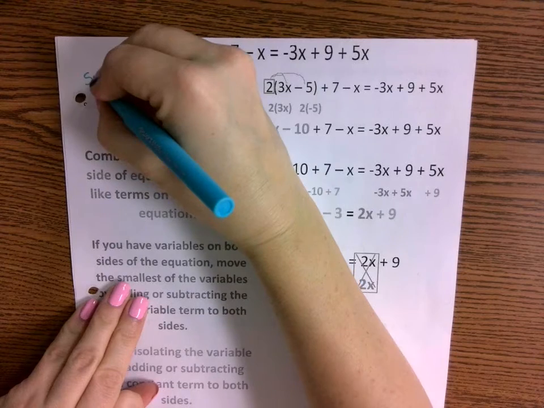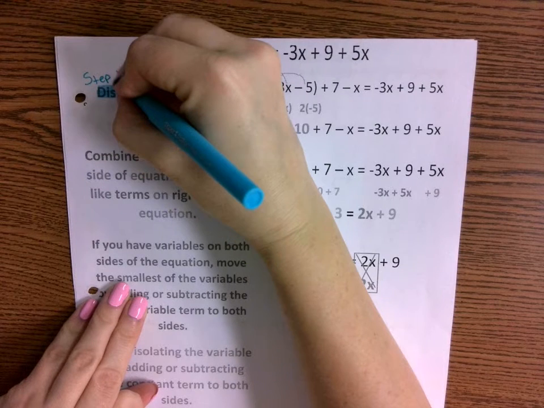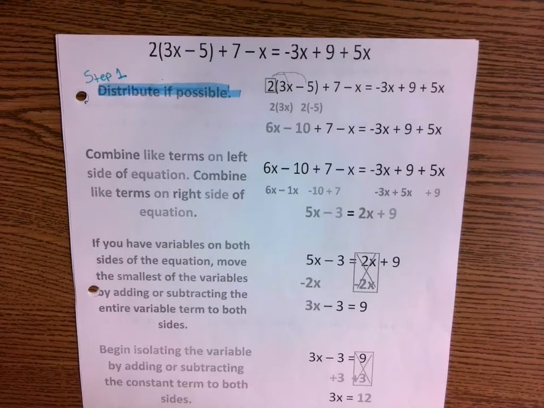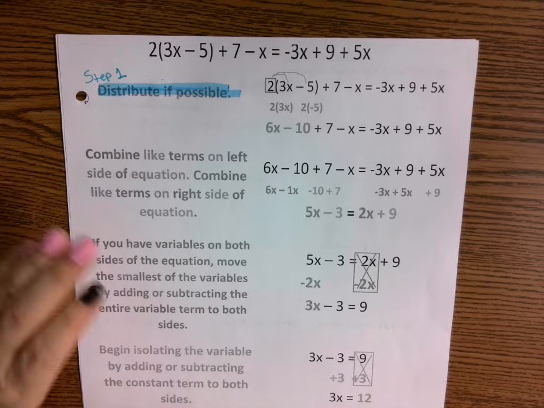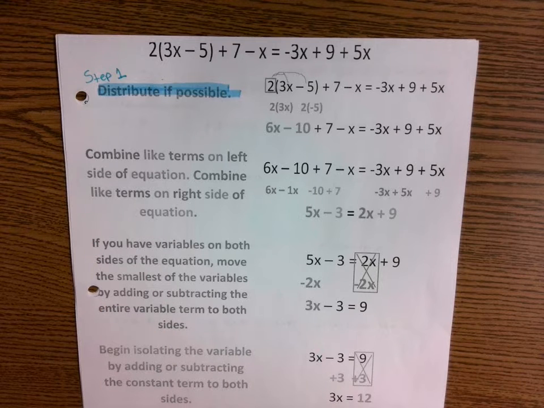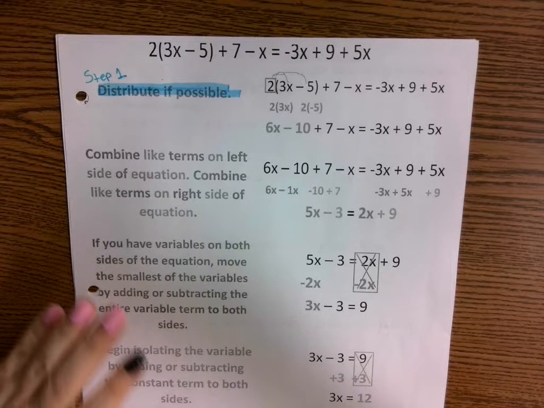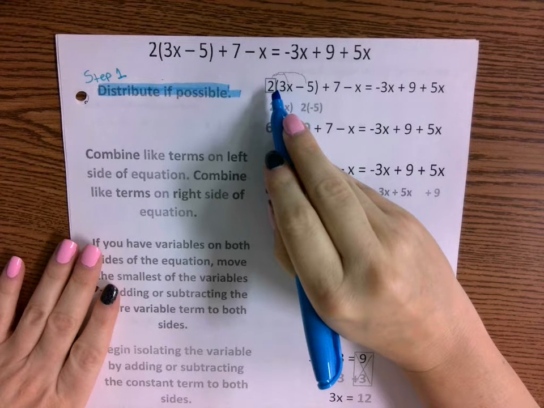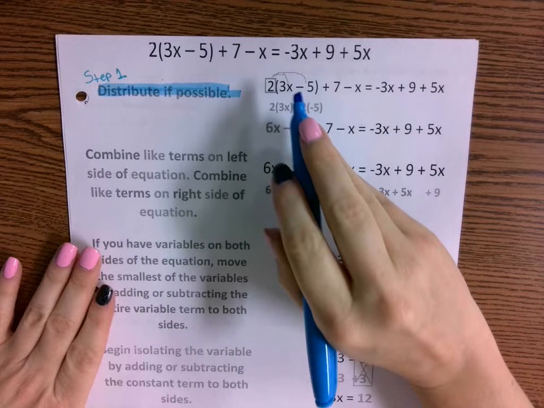Whenever you're looking at any linear equation, the first thing you're going to do is see, is there anything that I can distribute? In order to distribute, that means you've got a term, a value outside of parentheses that is multiplied to an expression inside of parentheses.